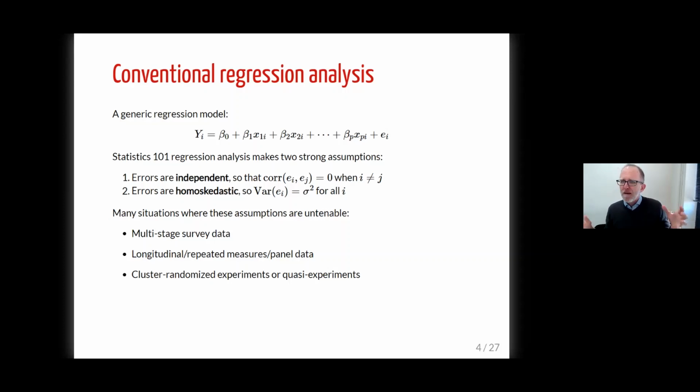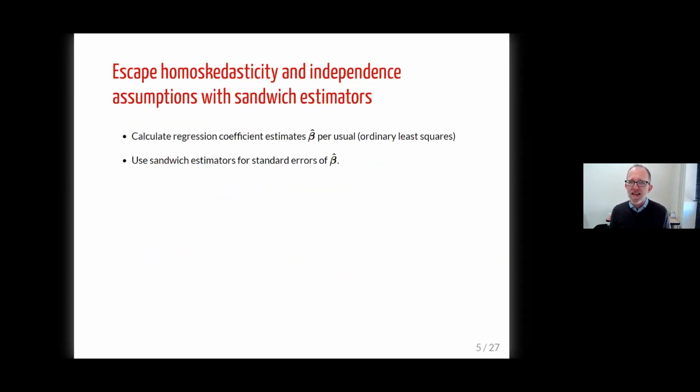The first takeaway here is that cluster robust standard errors, or what are sometimes called sandwich estimators, allow you to escape from these assumptions in a pretty convenient and low effort way.